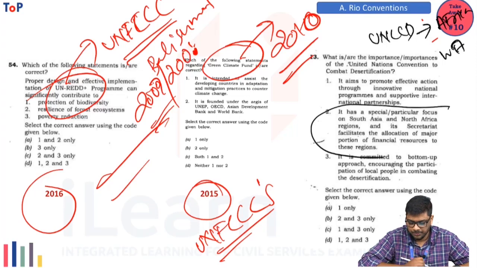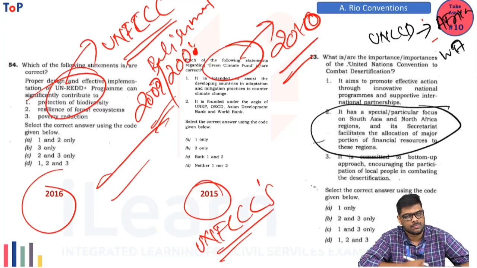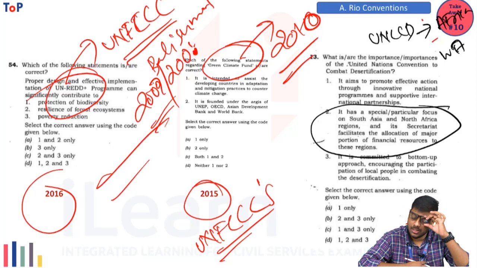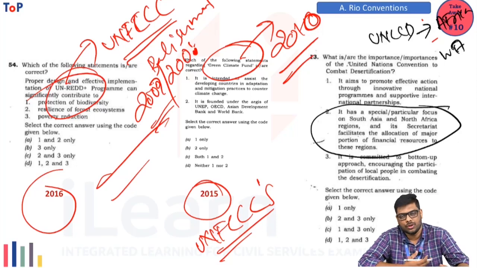Look at the option. It has a special focus on South Asia and North Africa. So North Africa is okay, agreeable, but what about South Asia? What are the South Asian countries? India, Afghanistan, Pakistan, Nepal, Bhutan, Sri Lanka, Maldives.